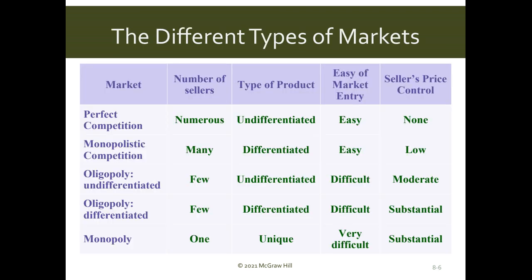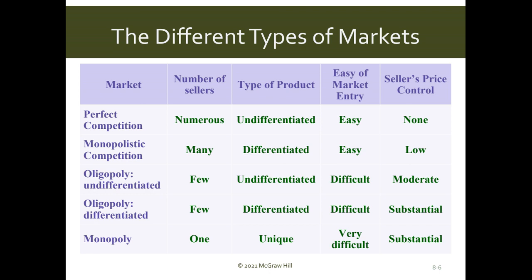These are different types of markets that I just discussed: perfect competition, monopolistic competition, oligopoly undifferentiated, oligopoly differentiated, and then monopoly market structure. What are the characteristics? We earlier explained these four market structures based on only two important characteristics: number of firms and type of product. Here I'm giving you more information.